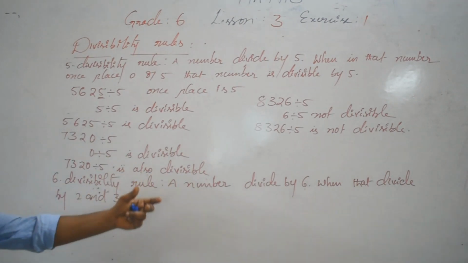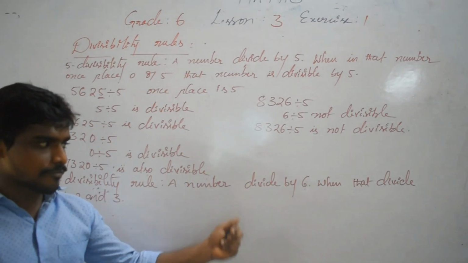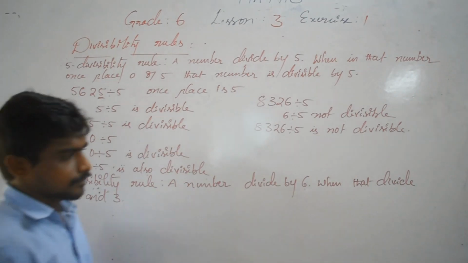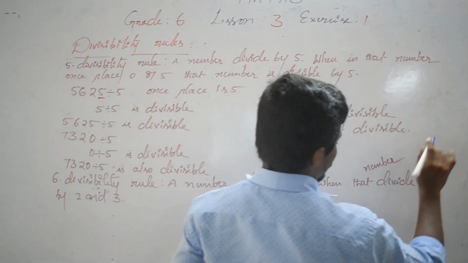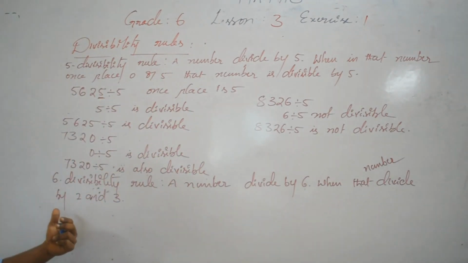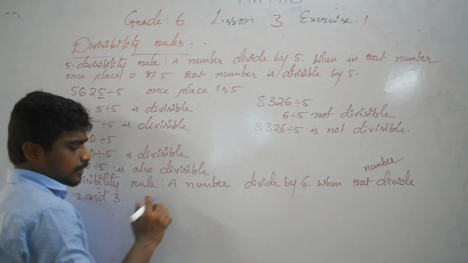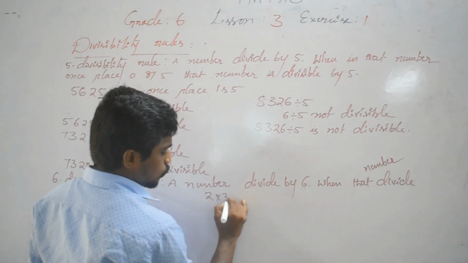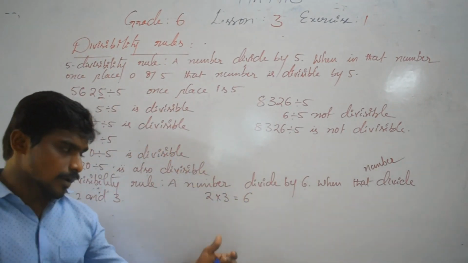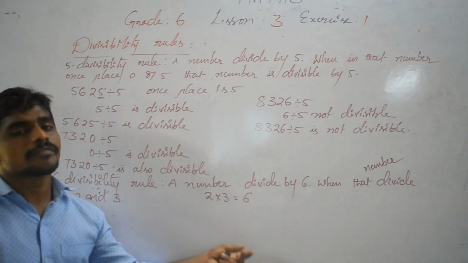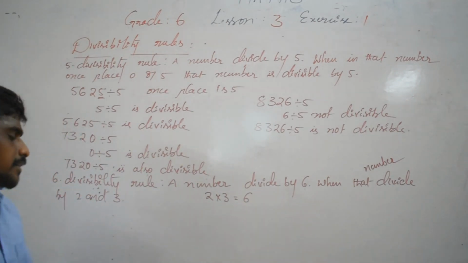Simple. Why 2 and 3? Because 2 times 3 is 6. So if it is 2 divisible and 3 divisible, that number is also 6 divisible.